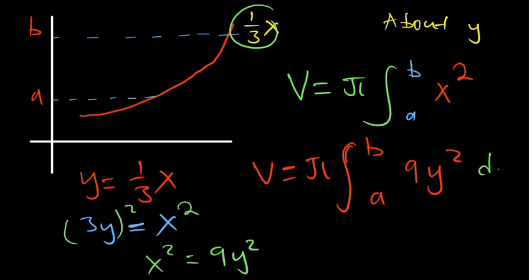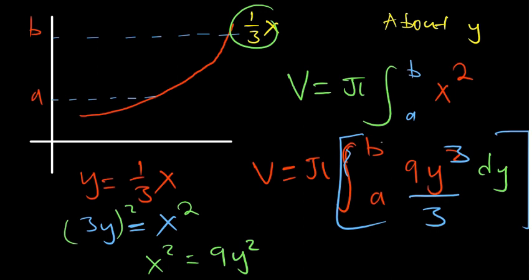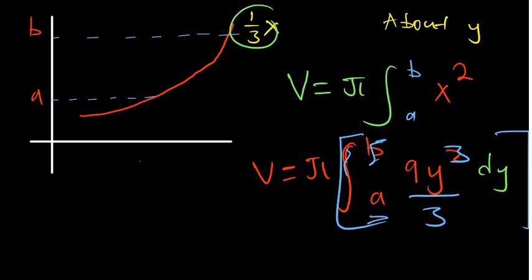So dy, of course the power will increase by 1, becoming 3, divided by 3. The integral goes away, and then of course the limits b and a will be applied. So what should remain is your volume is pi, and then inside there 9 divided by 3 will just be 3, so you have 3y to the power 3, and then the limits.